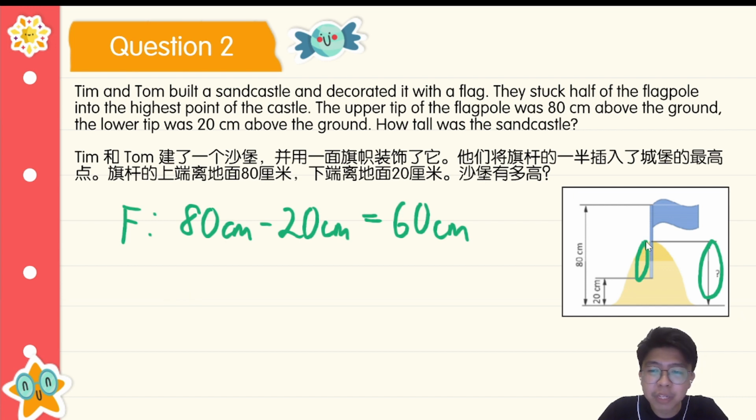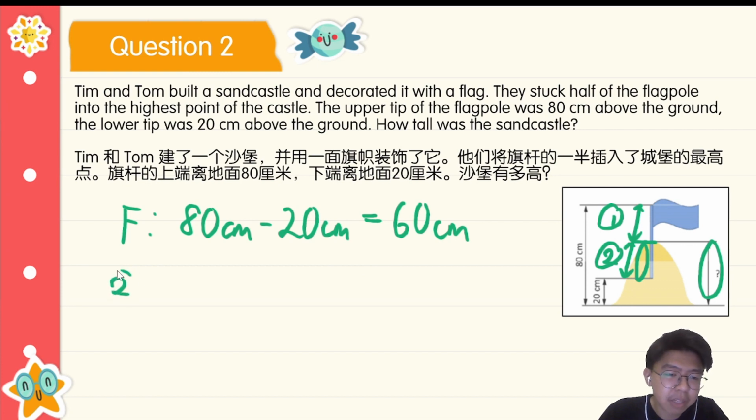But how do we know this part here? From the question we already know that this part is actually the same length as this part, right? So we can just divide by 2. So from this part, we can also label here as part 1 and this as part 2.